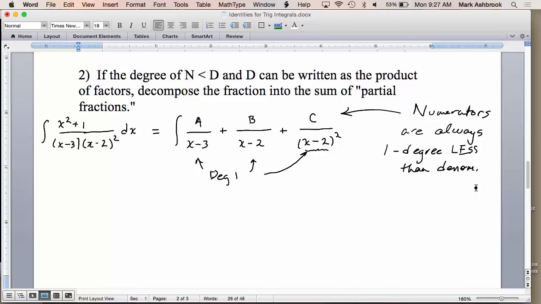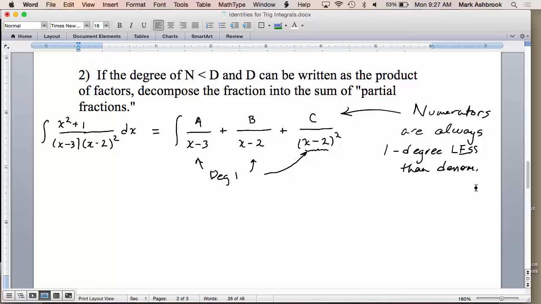Why is it x minus 2? Because we've got to take into account all possible factors, thinking about that we're adding together a bunch of fractions to get that fraction. So it's like, what are all possible denominators that we could have that are kind of exclusive from one another that could sum up to that fraction?